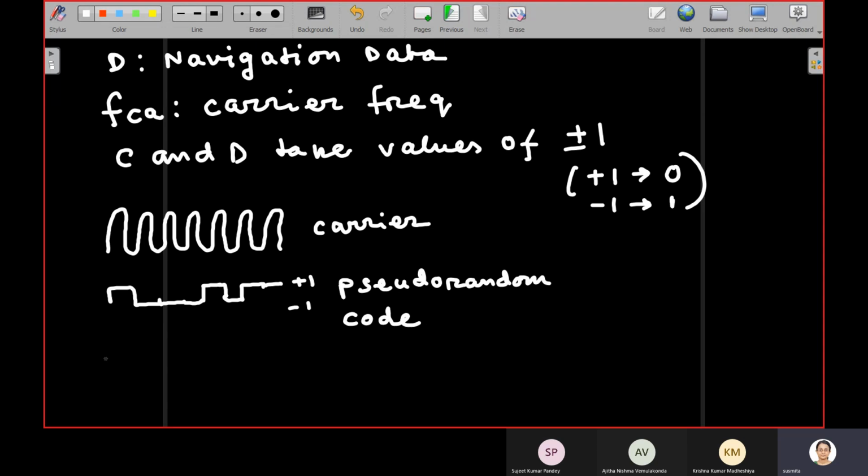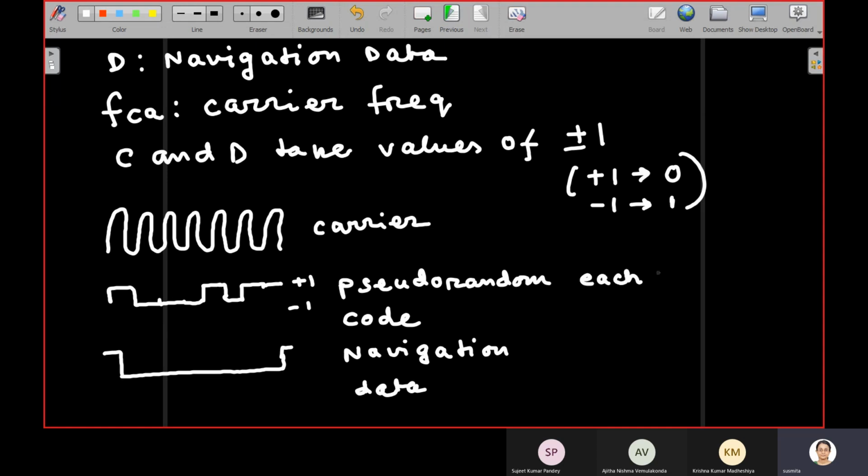And then we have navigation data. Each pulse of code is called a chip. And in case of navigation data, each pulse is called a bit.